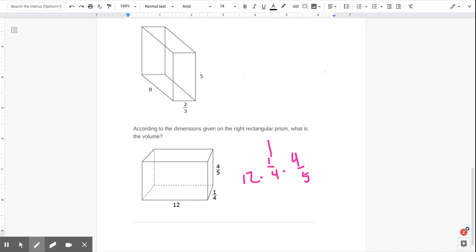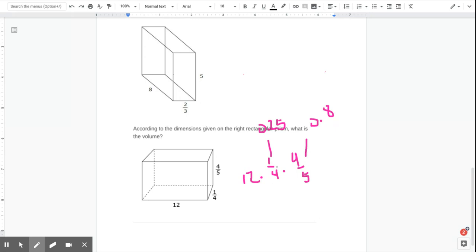If I do 1 divided by 4, I find out this is actually 0.25. And if I do 4 divided by 5, this is actually 0.8. So I could just multiply by the decimals.